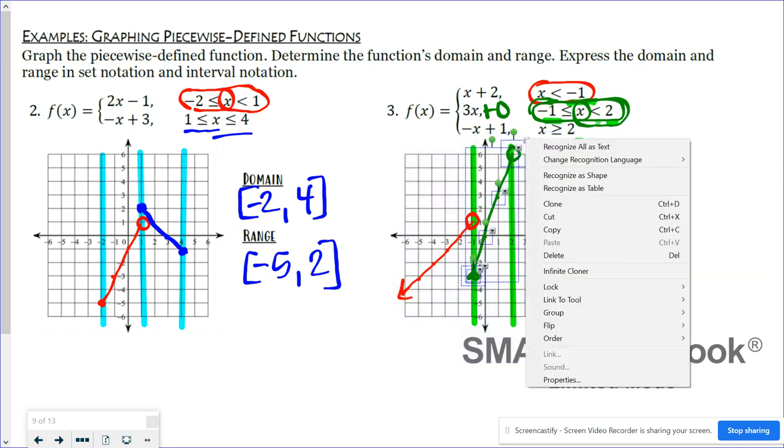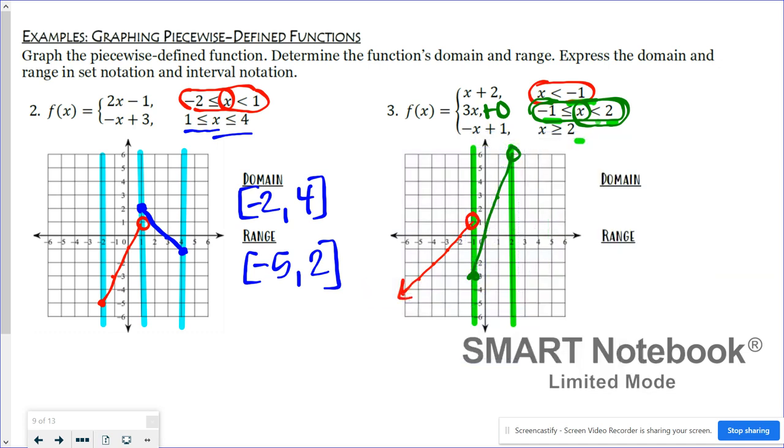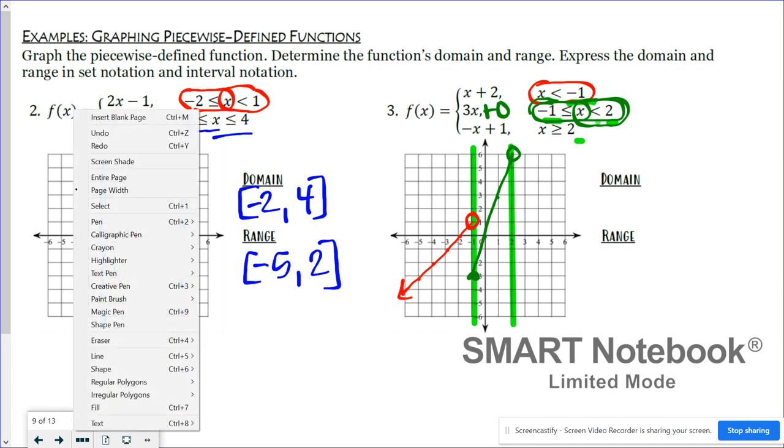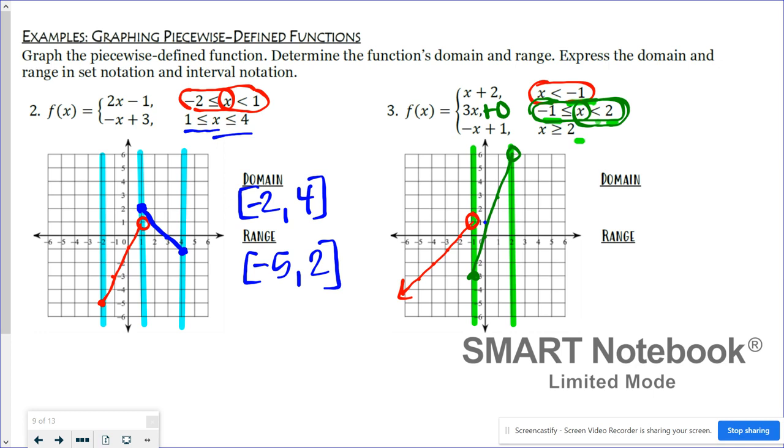So now we're ready to graph the third piece of our function. It has the equation -x plus 1. So that means I'm going to start at +1 on my y-axis. The slope is -1, so from there I'm going to go down 1, right 1. And then I'm going to draw in my entire line.